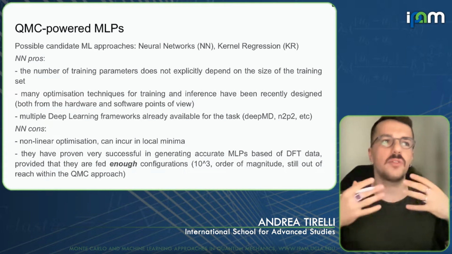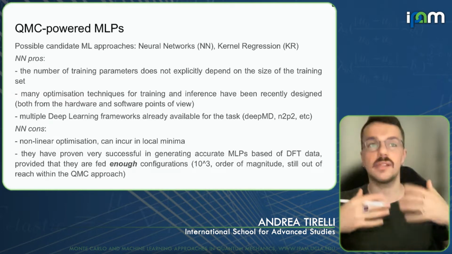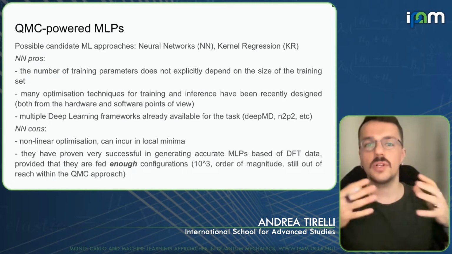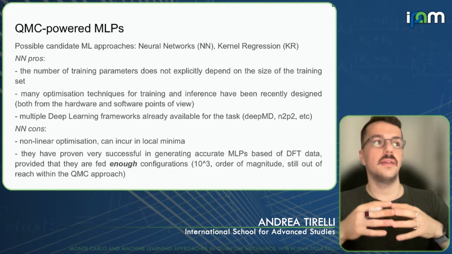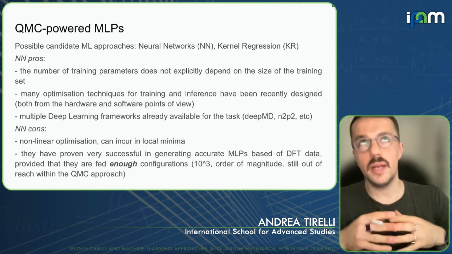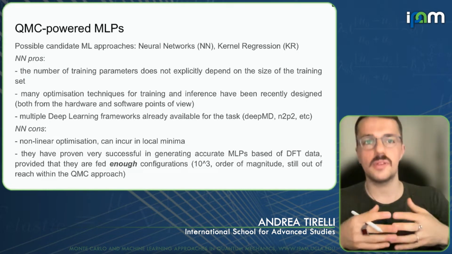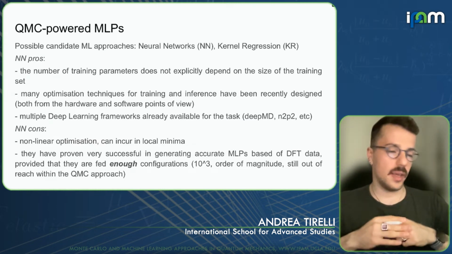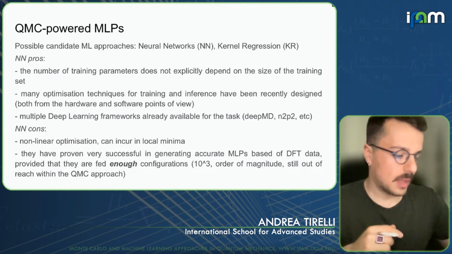So we would have to perform, as I said before, thousands and thousands of QMC simulations in order to get a number of configurations which is large enough so that the neural network that we train has good performance.